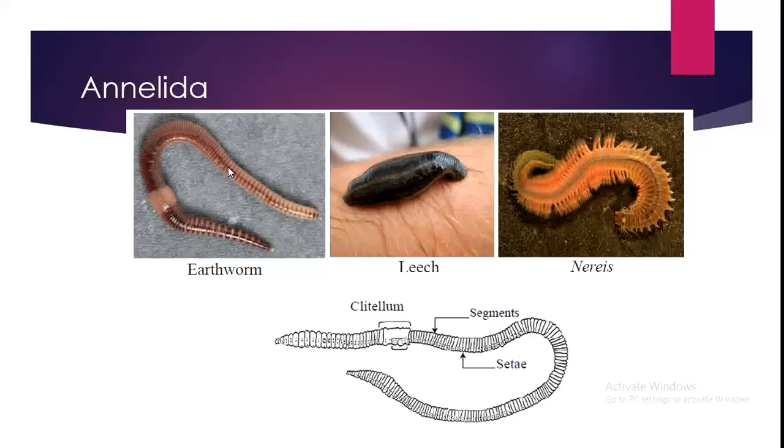This is the first phylum with a coelom, and the coelom is the fluid-filled cavity between body wall and the digestive tract. As they have a coelom, the gut wall can move independently.